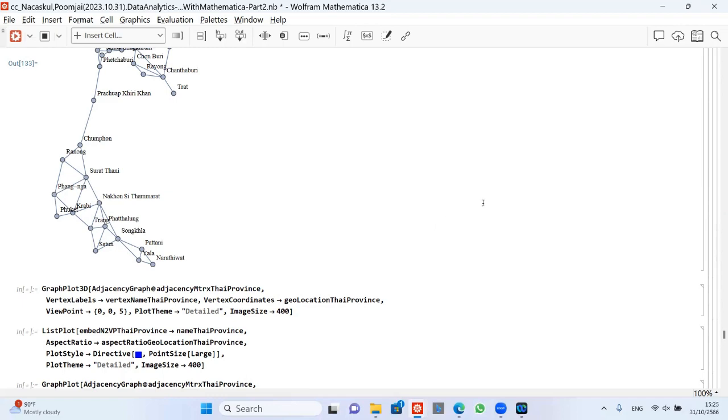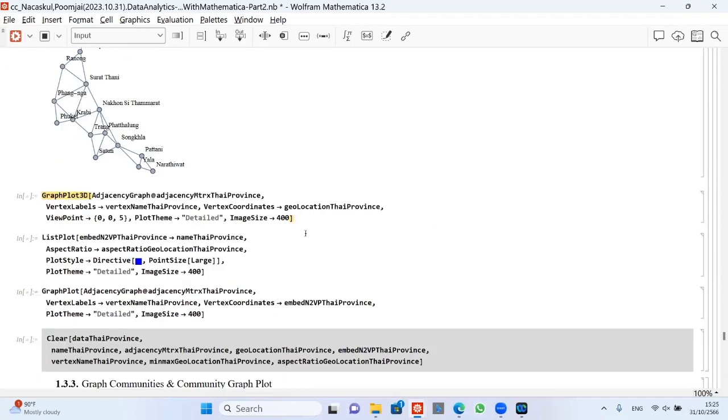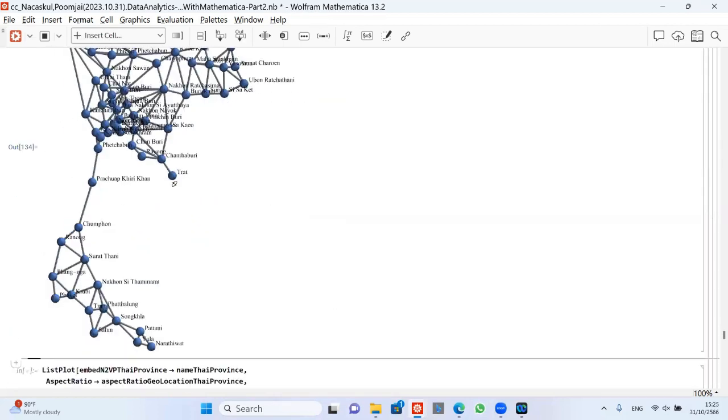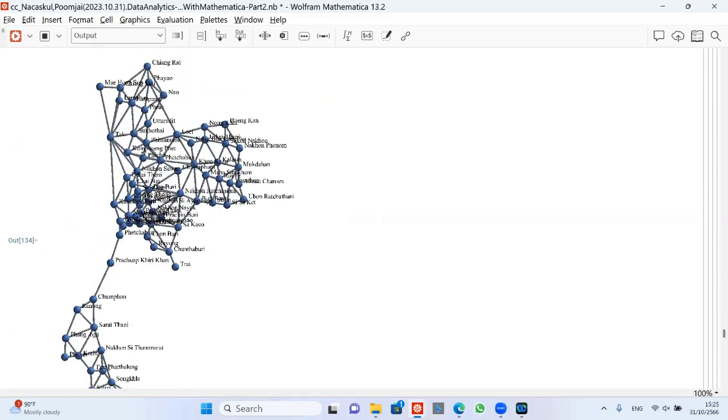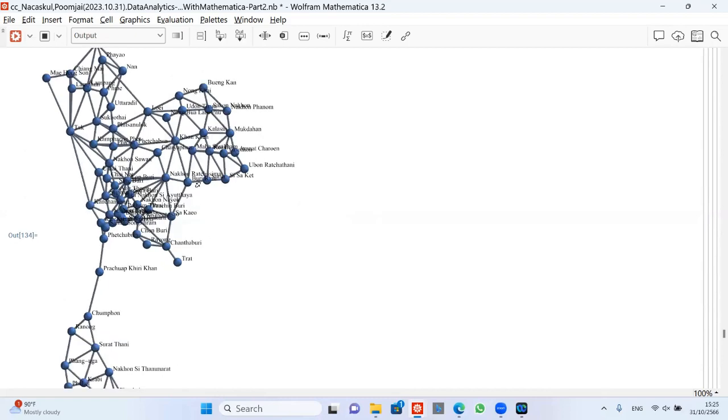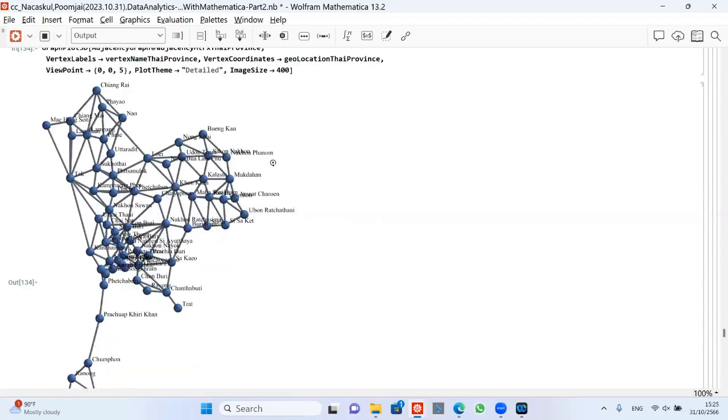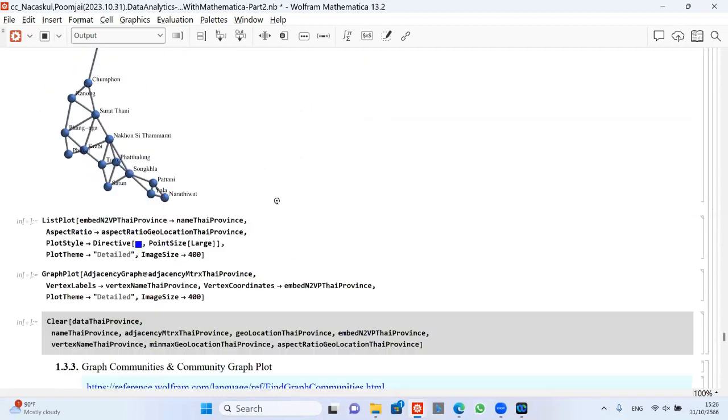I haven't done it here, but you can see that the 3-dimensional looks a little bit like this. So now I can make the height correspond to maybe elevation above sea level or something like that. That would be more interesting. I haven't looked that data up yet, so it's not done. So you can see that this is an interesting thing.